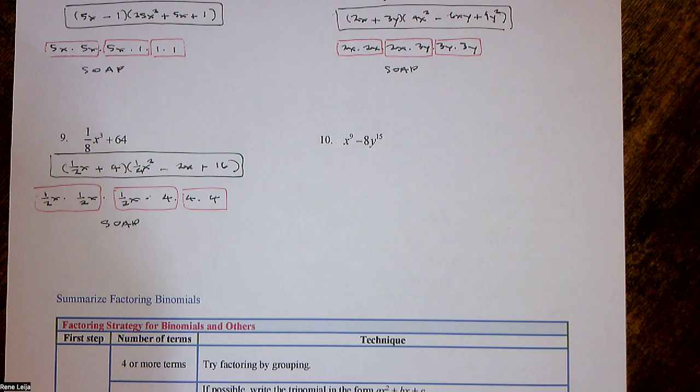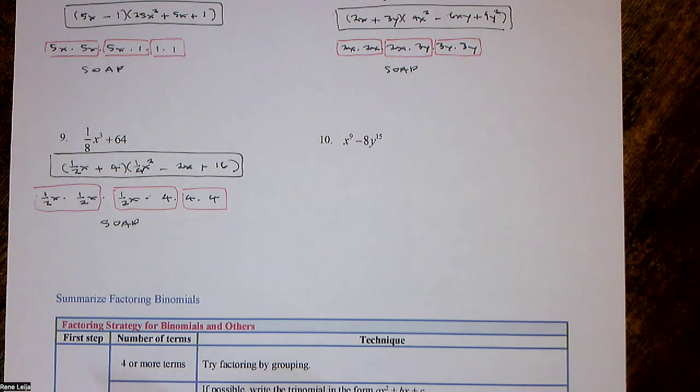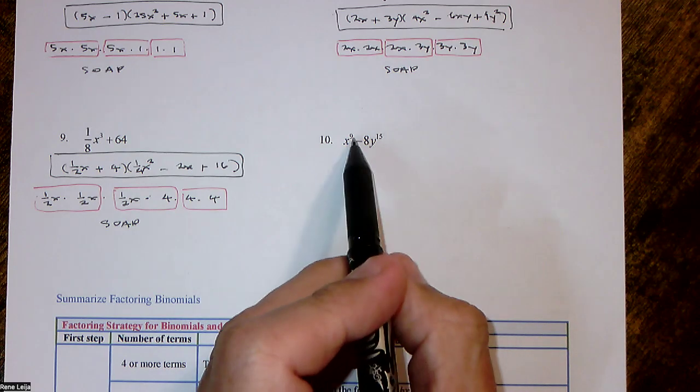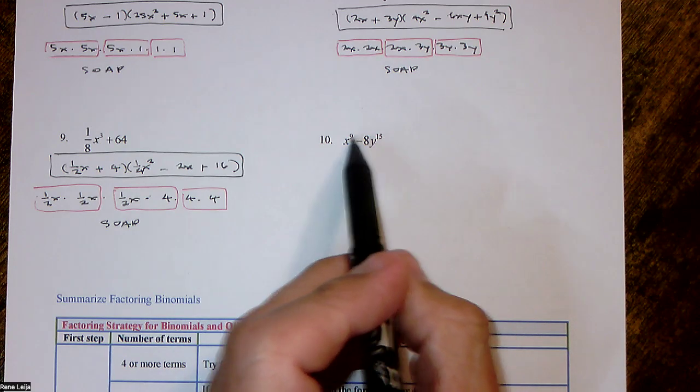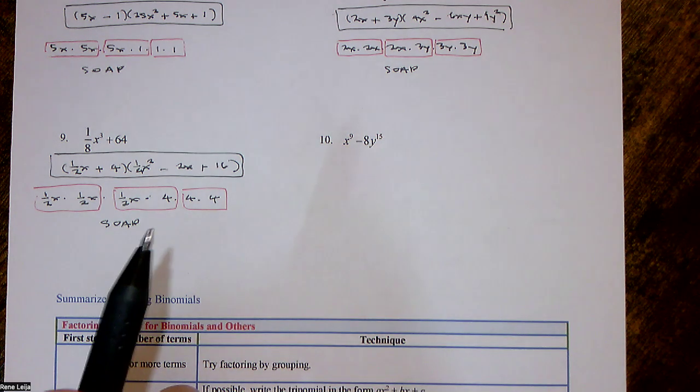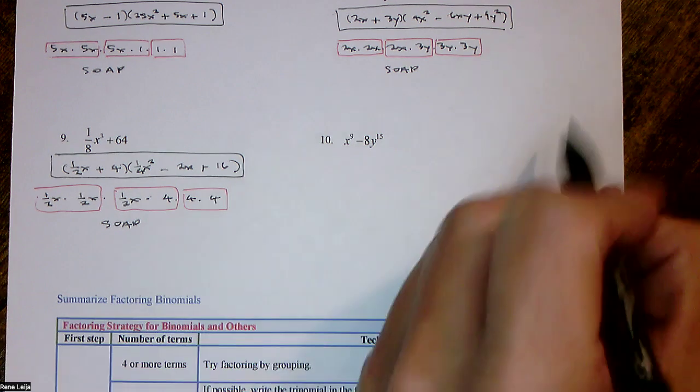Okay. All right. Now 10. This one can be tricky, but remember, we're looking for perfect cubes. So the way that you do this is since these are exponents, if the exponent is divisible by 3, then it's a perfect cube. Okay.